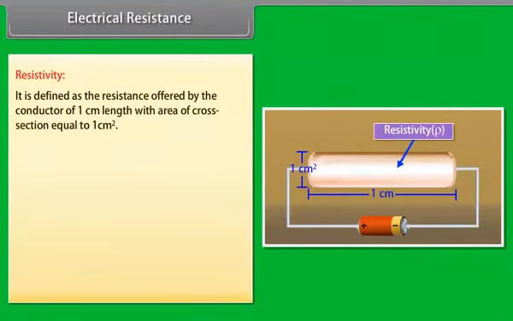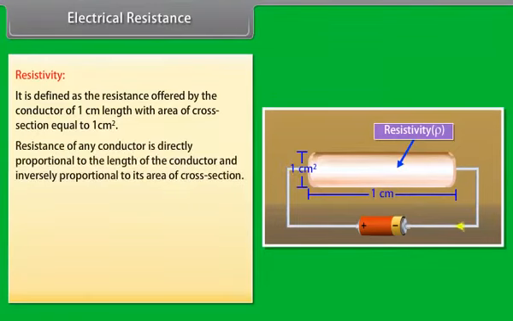Factors affecting electrolytic conduction. The electrical conductivity of the solutions of electrolytes depends on the following factors. The inter-ionic attraction: these are the attractive interactions between the ions of the electrolyte in solution.